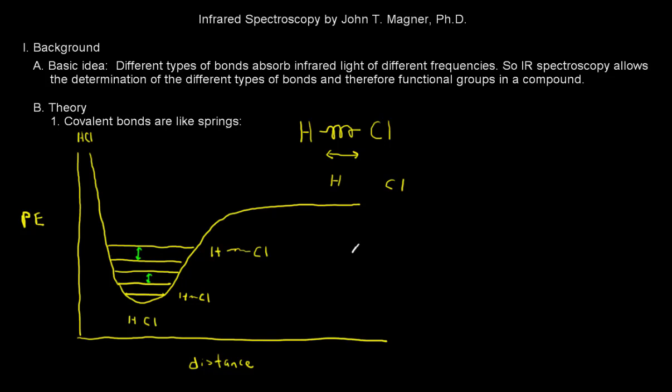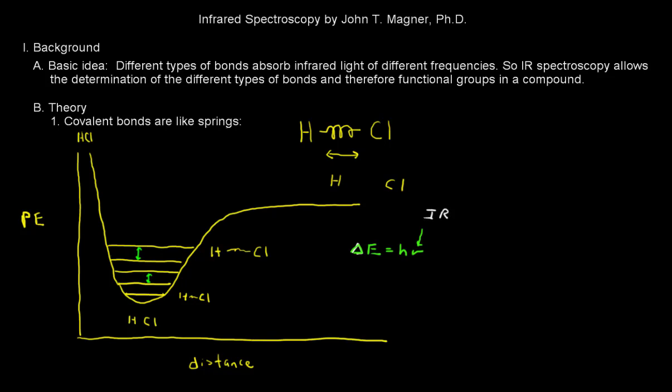So the energy differences for these gaps, maybe I should do this in green, correspond, as all energy level differences do at this level, to some frequency of electromagnetic radiation. And it turns out this frequency is in the infrared region of the electromagnetic spectrum. So these are IR frequencies.